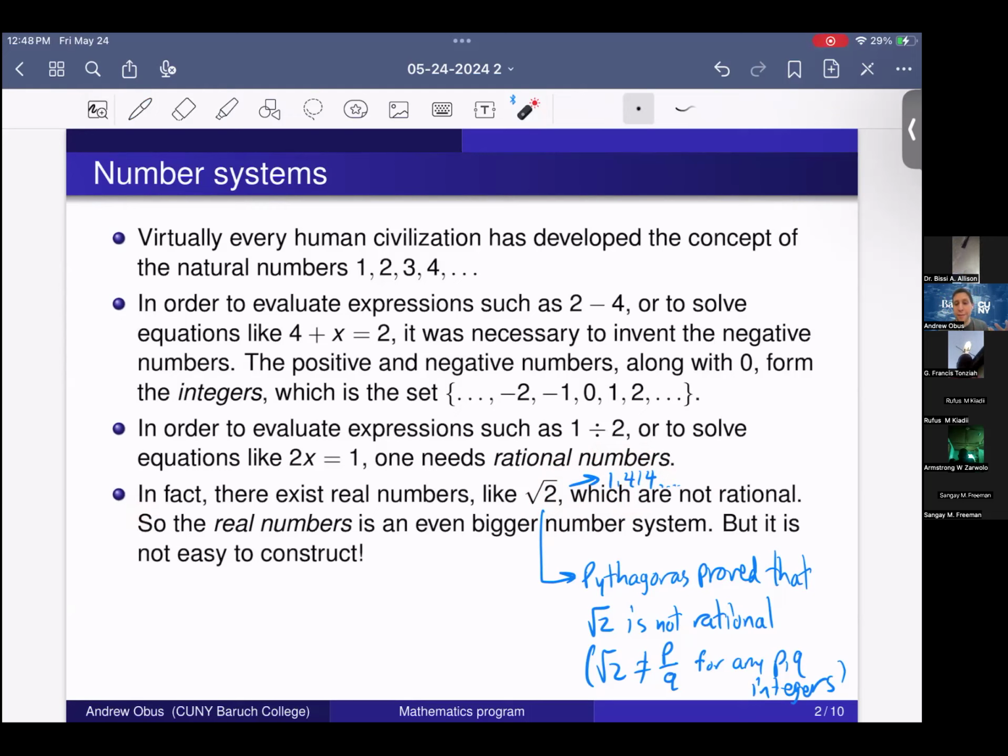And when you're doing math in high school, and when you're teaching math and you're solving equations and you're drawing graphs and everything, the number system you're usually working in is the real numbers. When you draw coordinate axes and you draw the graph of a function, you're looking at what are the ordered pairs of real numbers that satisfy the equation.